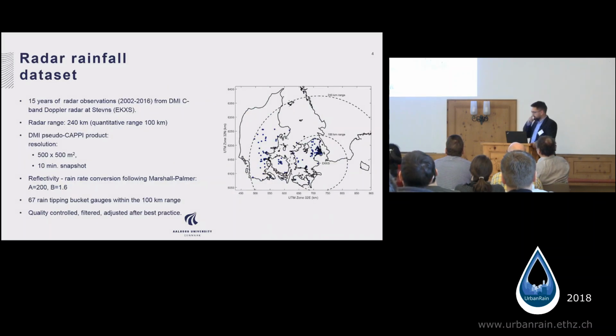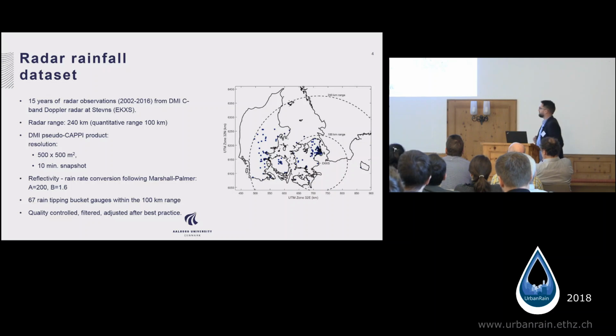The data set that we're using is 15 years of radar observations from Denmark, from the Danish Meteorological Institute C-band radar in this case. We have a 500 by 500 meter rainfall product in 10-minute values for these 15 years, but not a continuous data set.